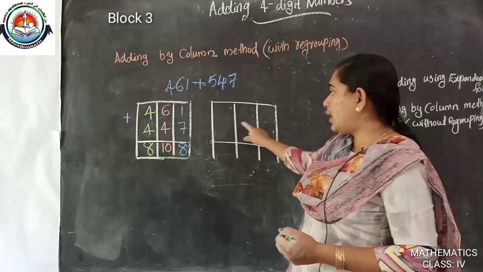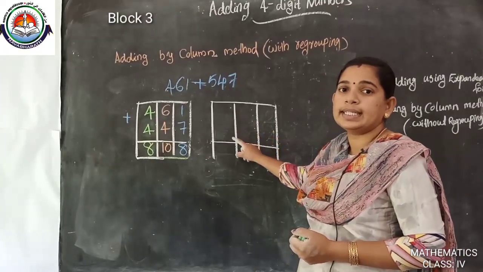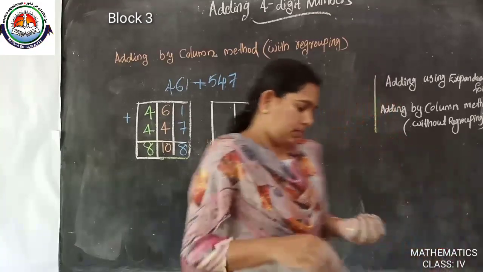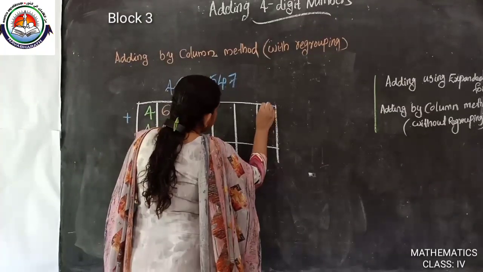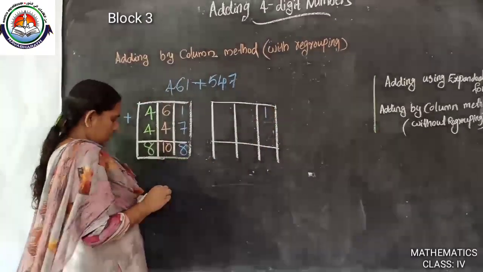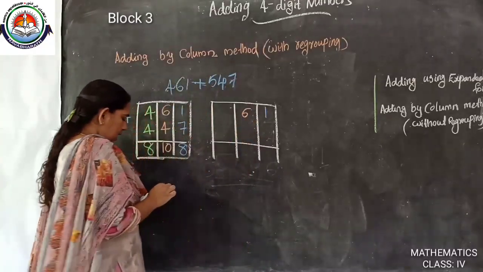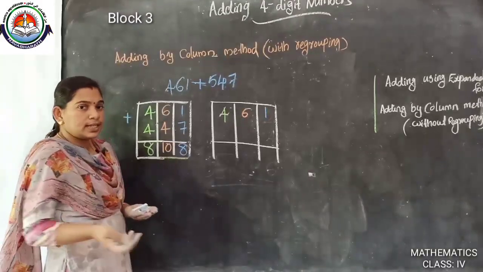So we write the correct numbers in the correct places here. Okay, I will write it here. You also write it down. First number digits are 1, then 6, then 4. Here there is no change.